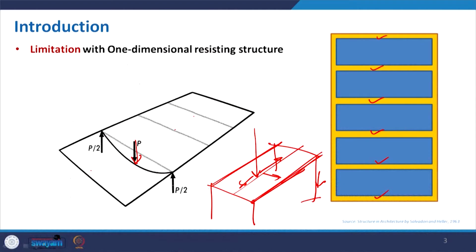So, sometimes this will not act very efficiently, or we have to restrict ourselves to reducing the span of the room. In order to overcome that, we may add some members and make a grid form. Then the load applied will be distributed in a better way.